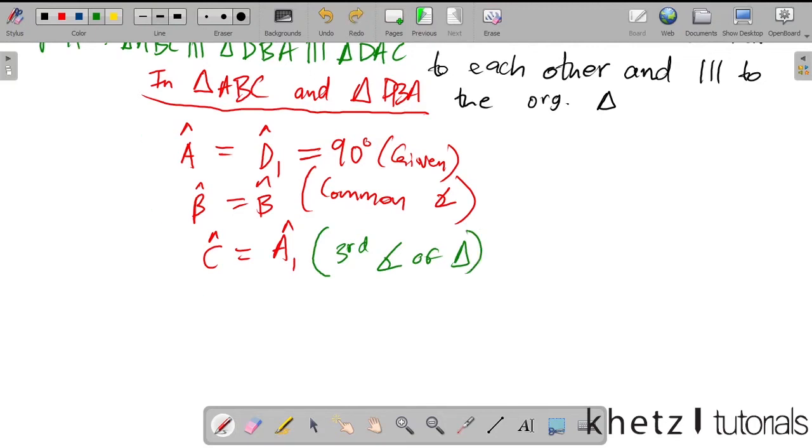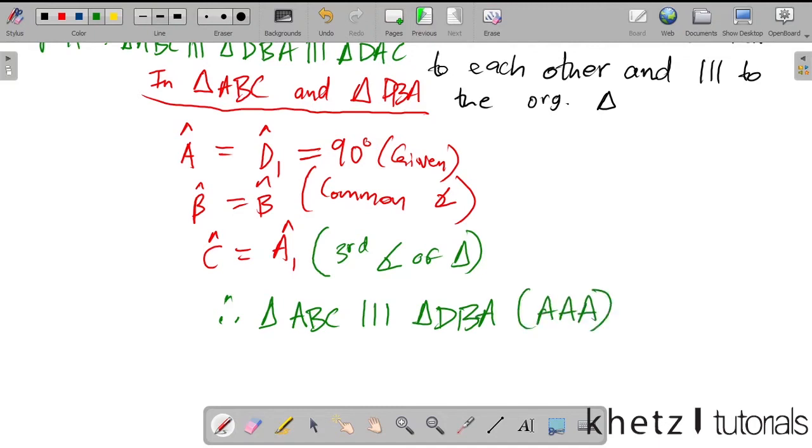So if these two add up to a certain number, then the last one is the only number which is basically left for you to get to 180. So your reason will be third angle of a triangle. And therefore, we can conclude that triangle ABC is similar to triangle DBA. And the reason for that is angle, angle, angle.